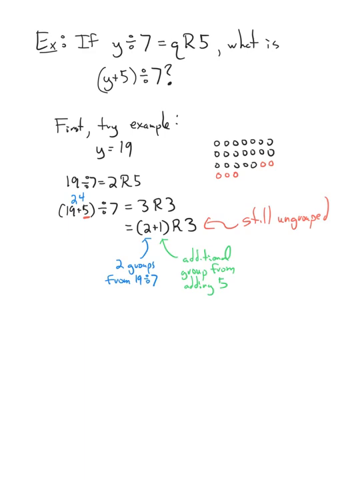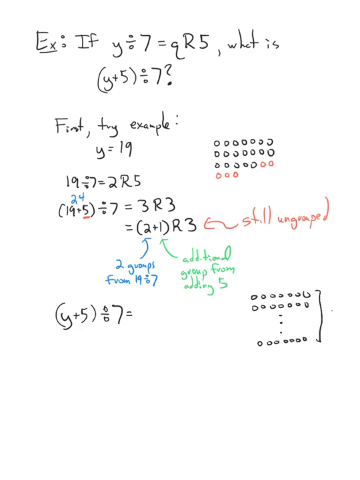Okay, now that we're back, well, y plus 5 divided by 7. Well, let me draw the diagram again. 4, 5, 6, 7. And I'm going to do it like this because we don't know how many groups we have. But I am going to call that number q.